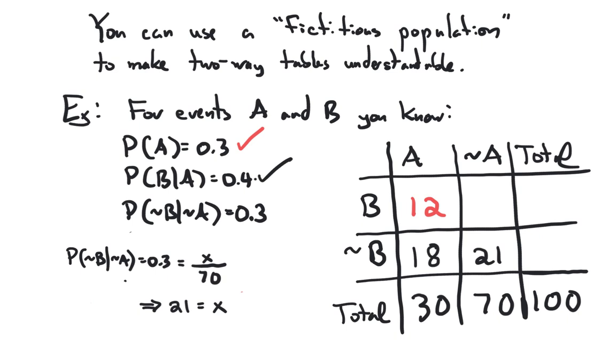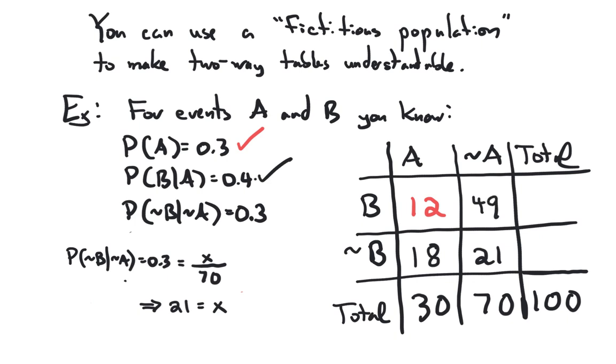So these 21 out of these 70 are not in B. That's 30% of them. So the rest must be in B. And how many is that? That is 49. Great.